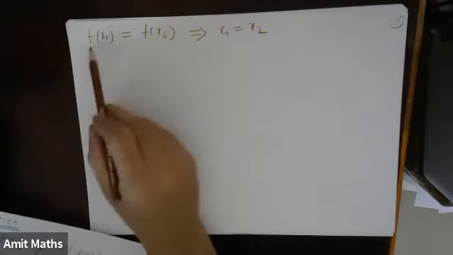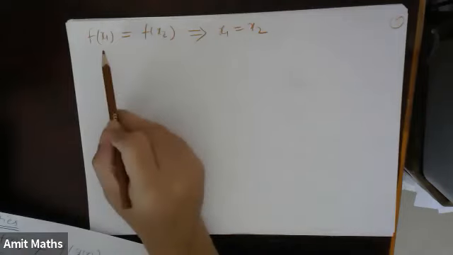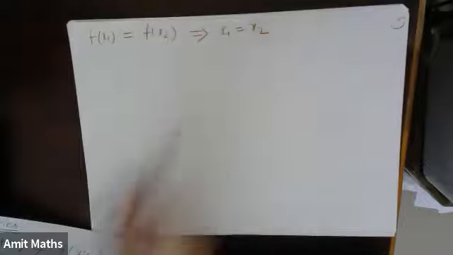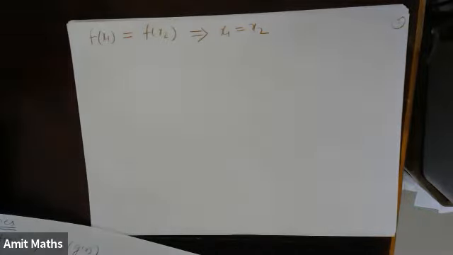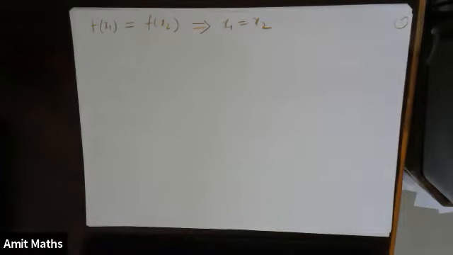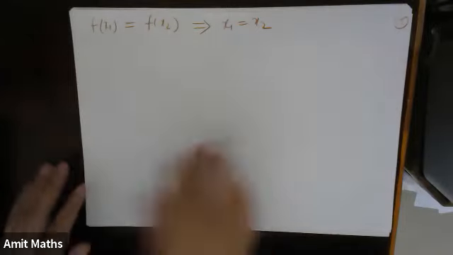That means f of x1 is equal to f of x2, and because f is 1-1, x1 and x2 have to be the same. Understood? Hence we have proved that if both are 1-1 individually, then the composite function will also be 1-1 in nature. Okay, fine. Next. So this was the third property.